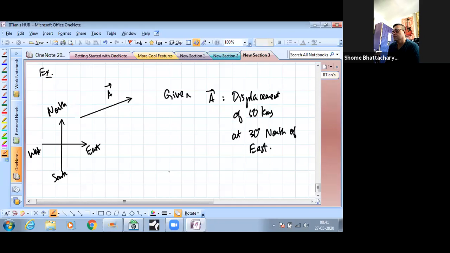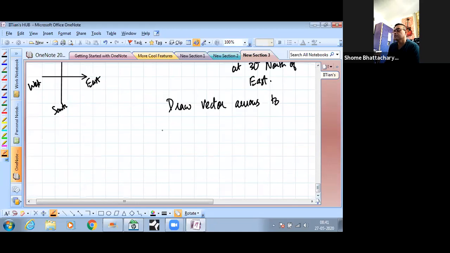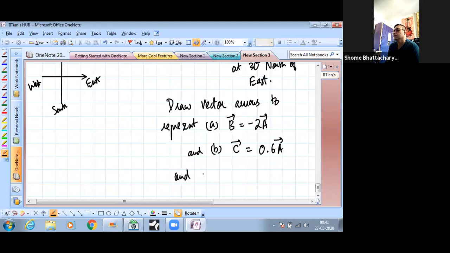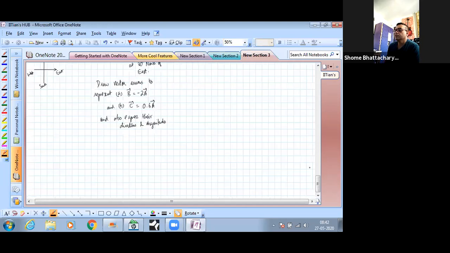Okay. Draw vector arrows to represent. Okay, so try this question out based on what we just learned.